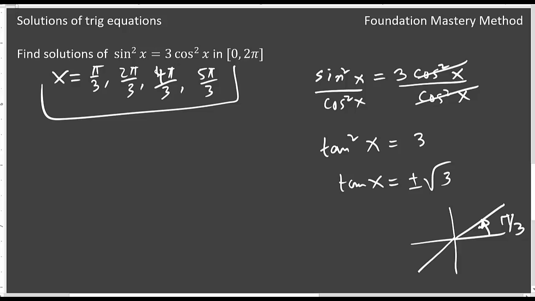Then in the same way you find the other angle here, where tangent is positive. So that one will be here, pi plus pi over 3. And then we get one here. From this to this will be pi minus pi by 3. And we know that in the second quadrant tangent is negative.